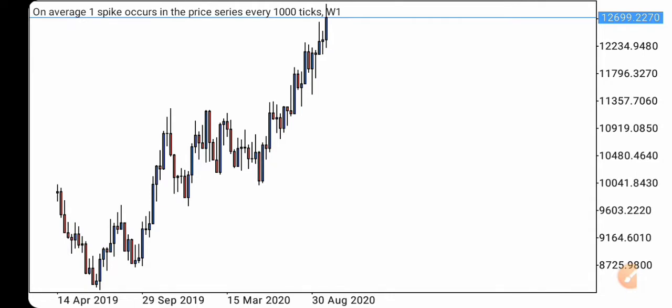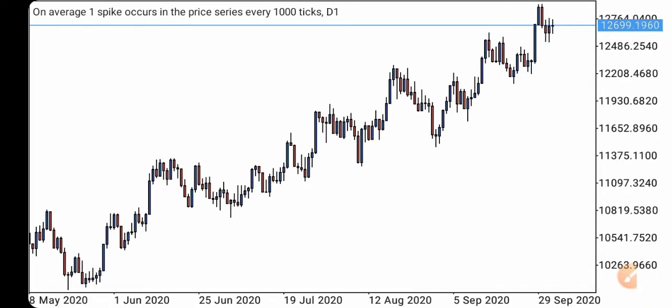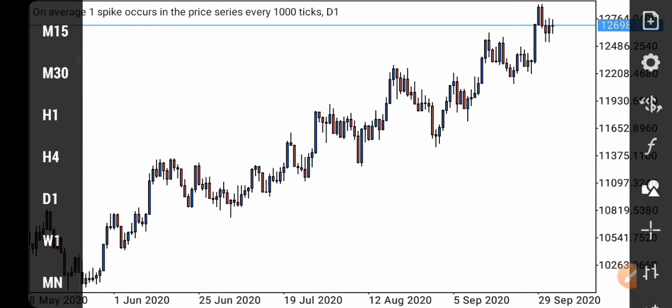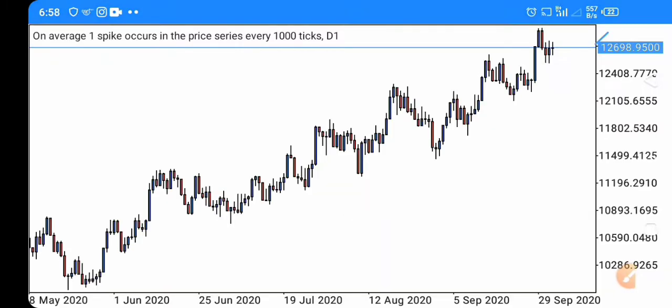Okay, so we move down to the daily time frame. When you move down to the daily time frame, what you're doing is to also know the market direction. After knowing the market direction, you can see the direction is clear enough. It's still an uptrend.